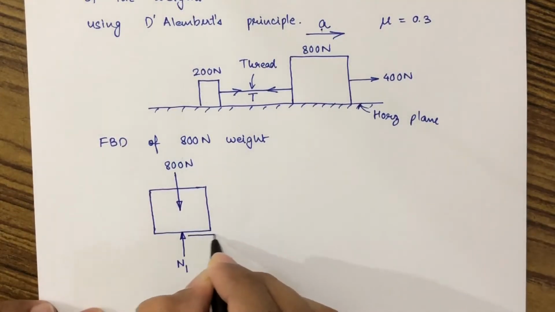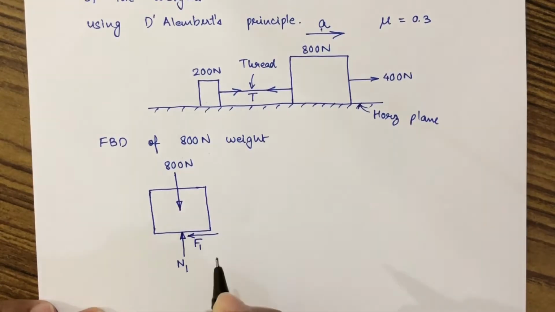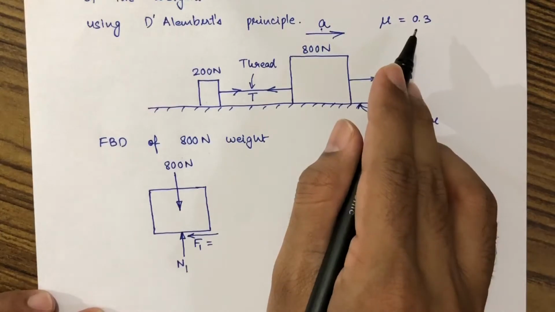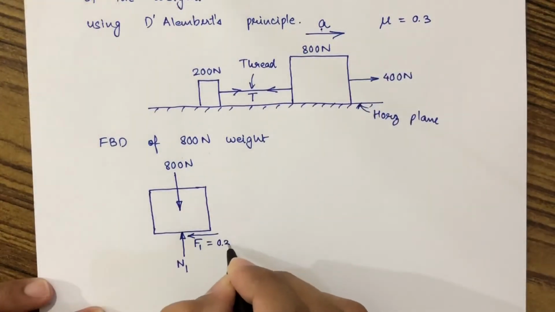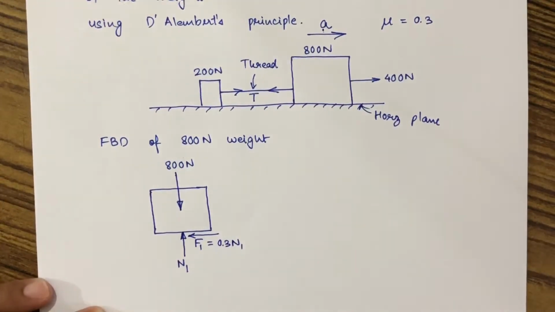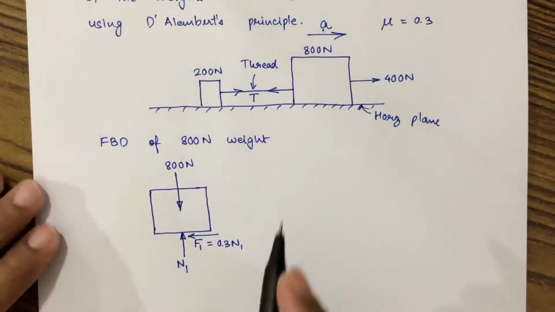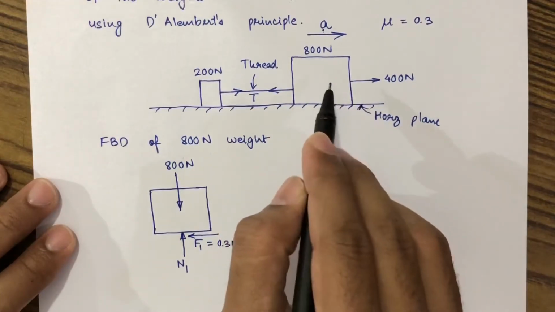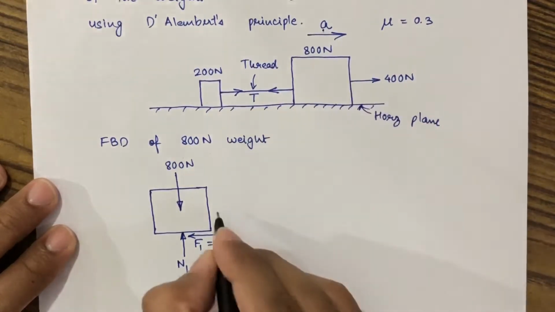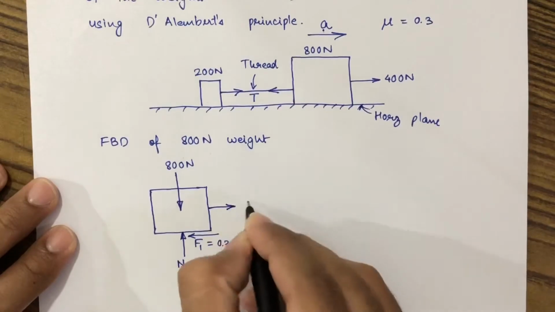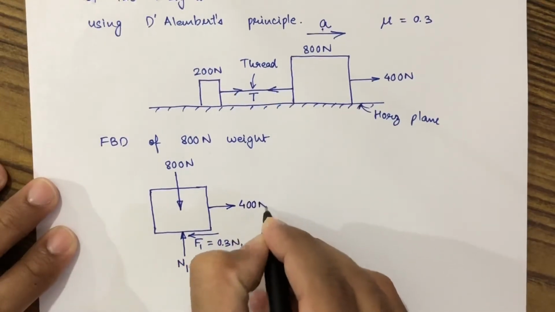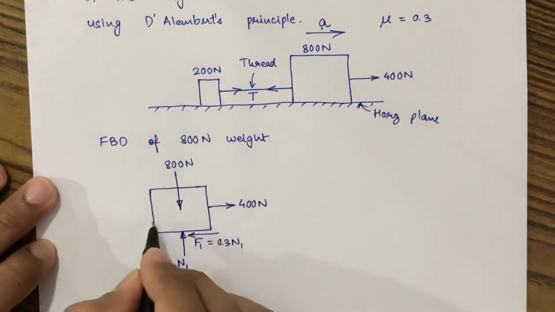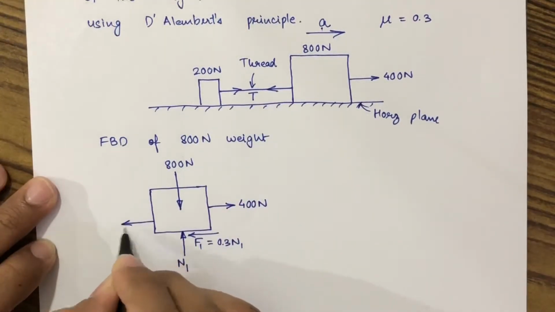So the frictional force F1 is given as mu into N1, and mu is 0.3, so 0.3 into N1. Also this box is being pulled with a force of 400 Newton, which will act over here. And this tension T is also acting like this.